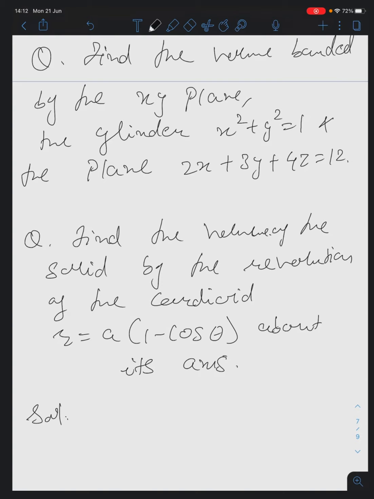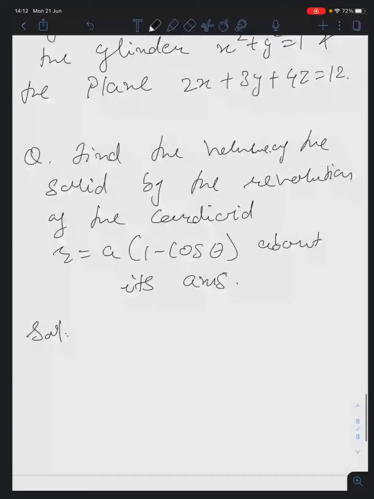So, the volume of a solid generated by some area about the y-axis is what? You remember this or not?